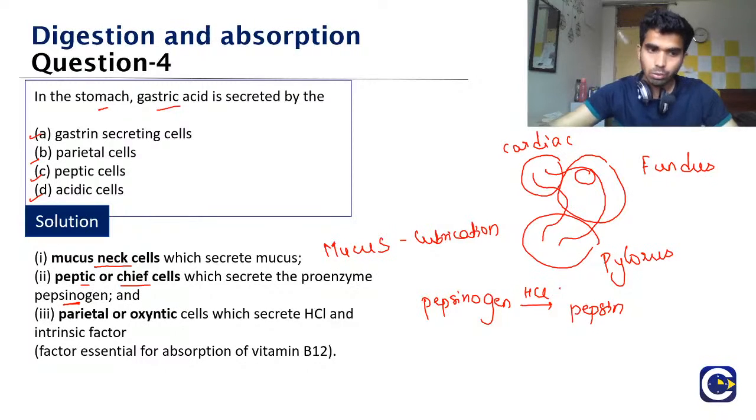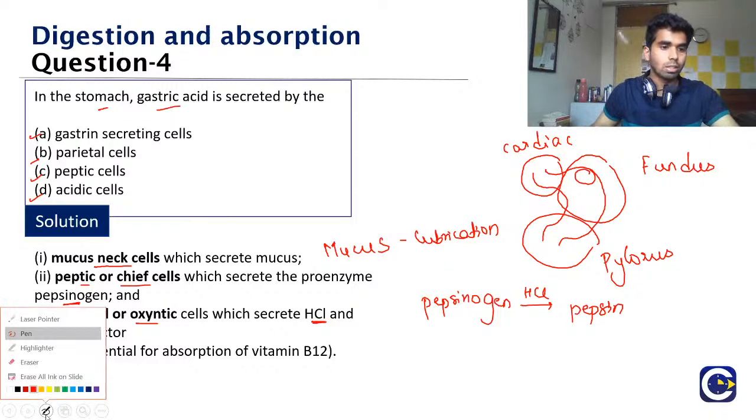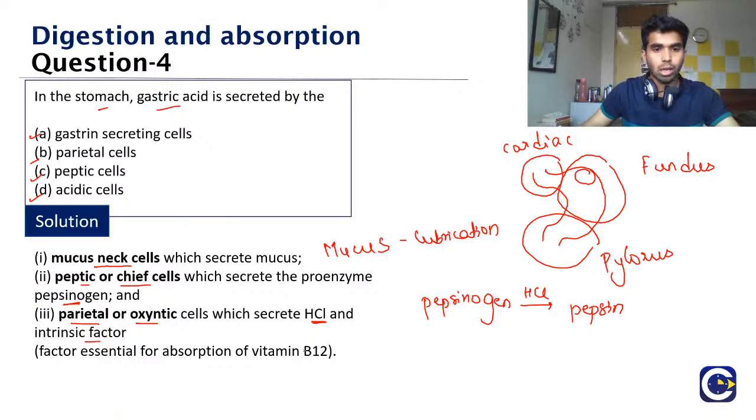And the third type of cells are the parietal cells or the oxyntic cells. They secrete HCl and intrinsic factor. What is the importance of intrinsic factor? Intrinsic factor is important for the absorption of vitamin B12.